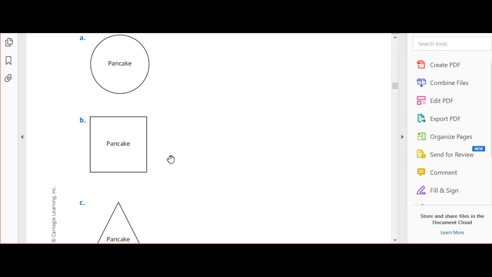A right cube or a right square prism, and we call that a cube, right? When both the sides of the base are congruent, right? So we end up with this being a square down here with right angles.